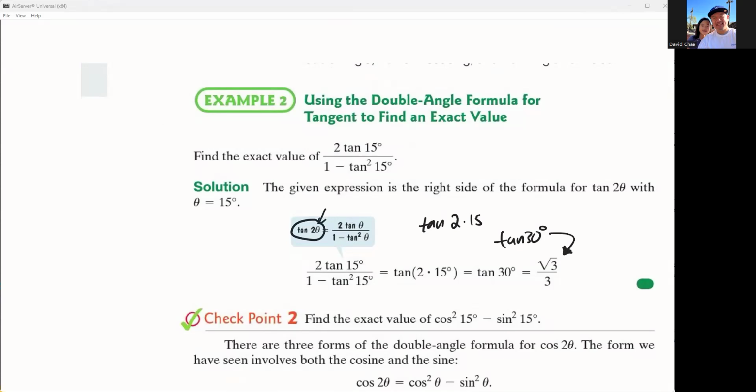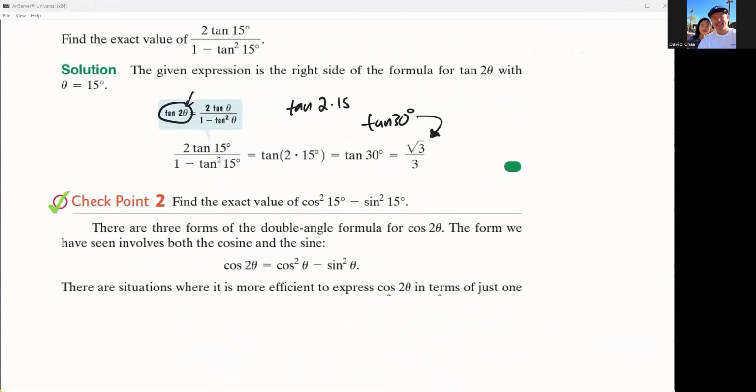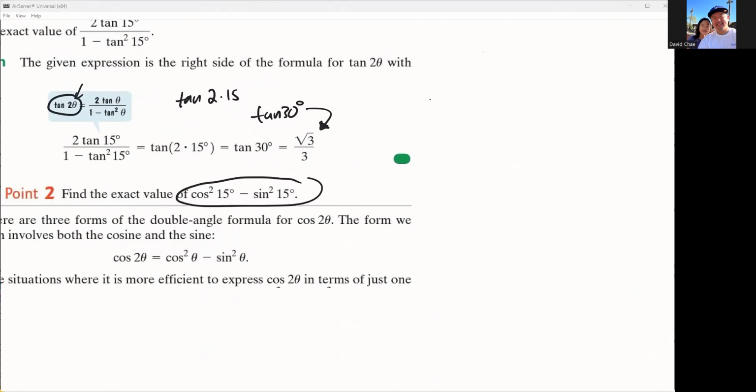Okay? So look at checkpoint 2. Look at your double angle formulas and give me the exact value for cosine squared 15 minus sine squared 15. Which formula does this follow? Is it the sine 2 theta, cosine 2 theta, or tangent 2 theta? Cosine 2 theta, right?